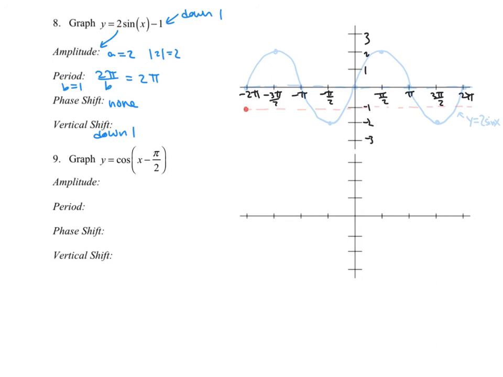Every point on this graph just moves down 1 unit. So each one is going down 1 unit. And that would be my final answer.